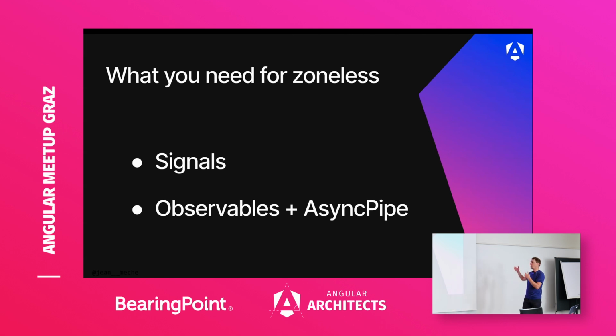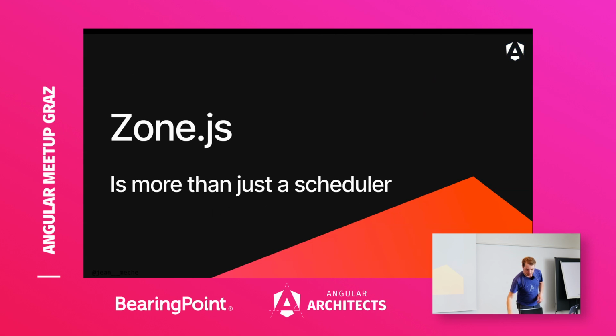So either you're already in the situation where you have a lot of observables, you're ready, you're writing probably a new application, you already use signals since v16, you're probably ready also. But if you're not there, then zoneless is probably going to require a lot of refactoring work to get there.